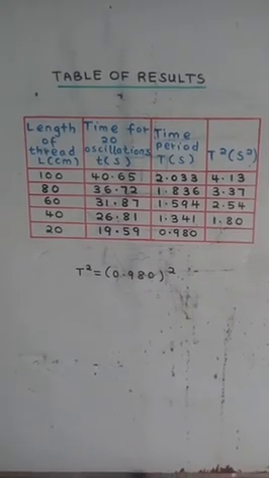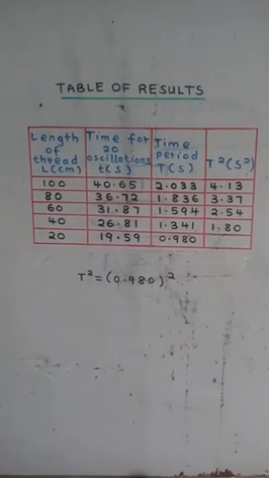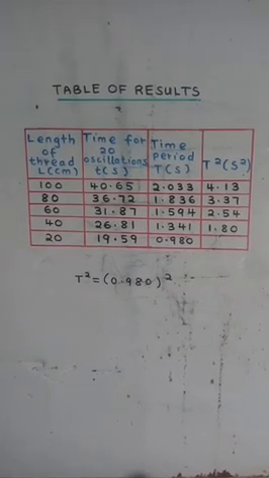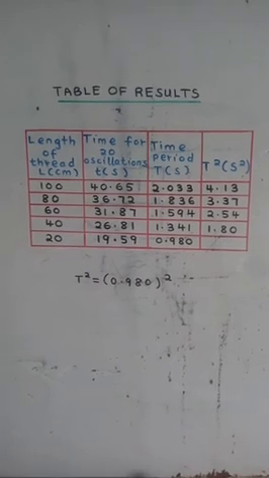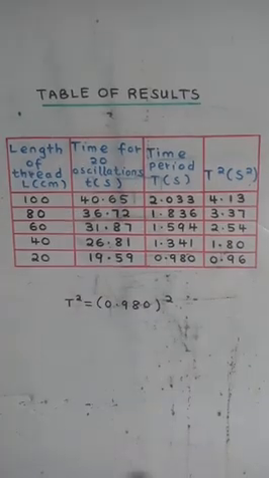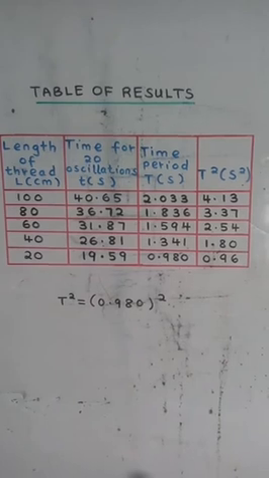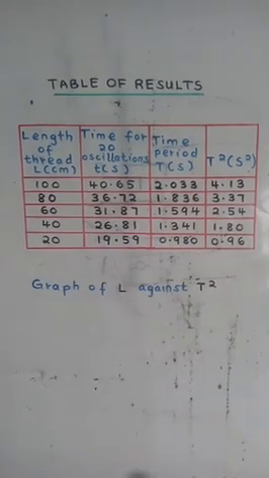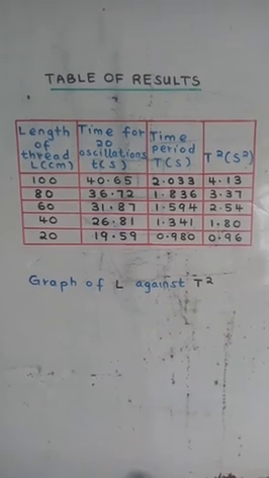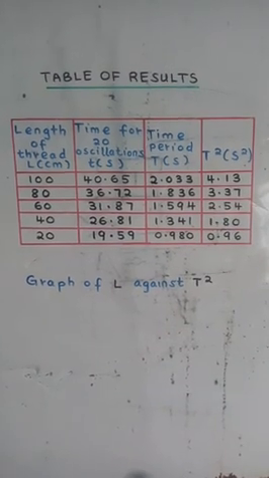Then time period square is equal to 0.980 square, which is equal to 0.96 second square.